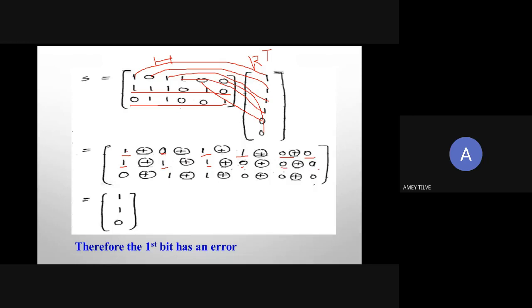Now I'll do the XOR. 1 XORed with 0 is 1. 1 XORed with 1 is 0. 0 XORed with 1 is 1. 1 XORed with 0 is 1. 1 XORed with 0 is 1. So I'm getting the answer as 1.